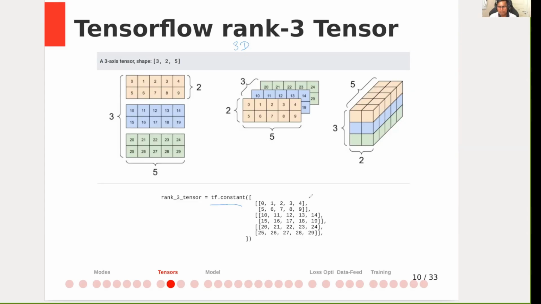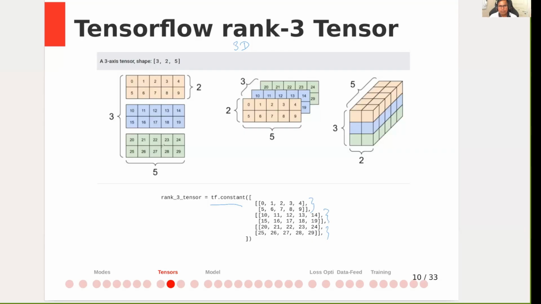And this is the first part of the array, the second part, the third part, and the created tensor can be visualized in many ways. This is one way of looking at it, and you can see that the first part is here, the second part is here, the third part is here, and it has 3 dimensions.